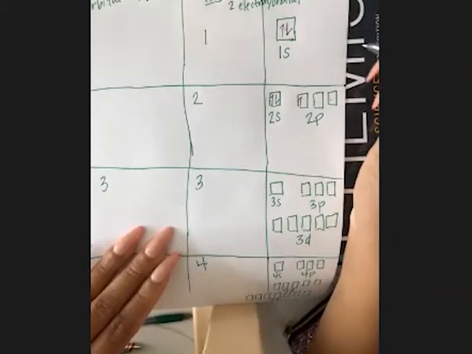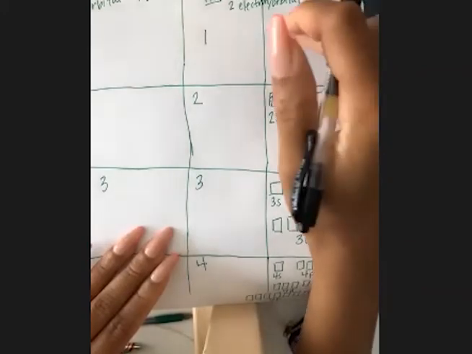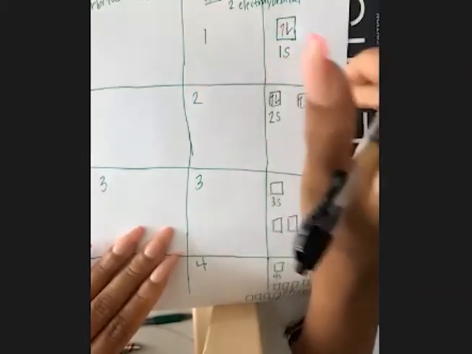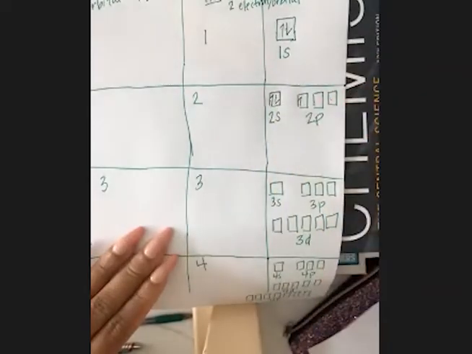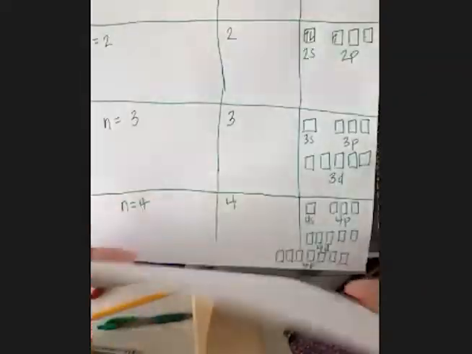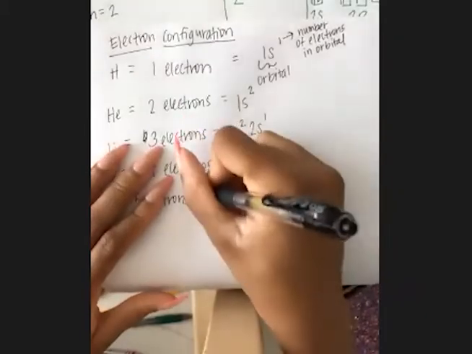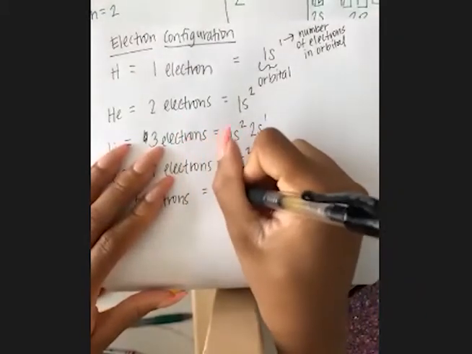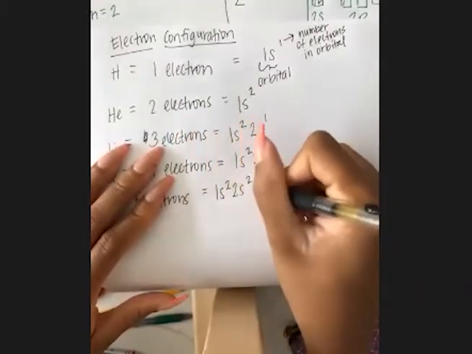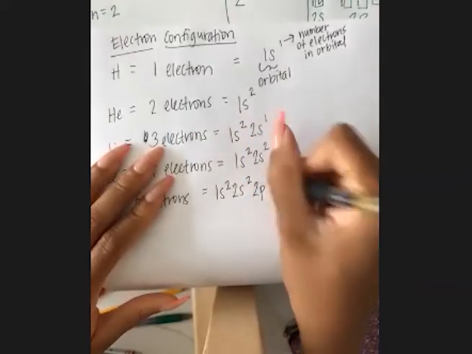So when I write out the electron configuration, it's 1s2, 2s2, 2p1. Let me write that out. Now it's 1s2, 2s2, 2p1.